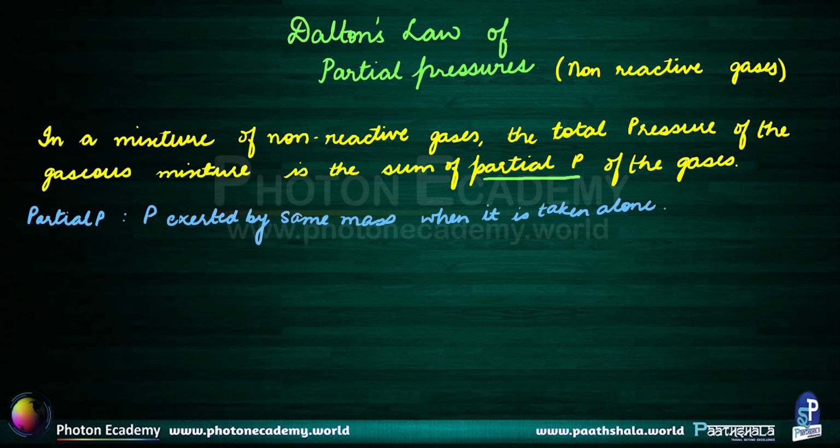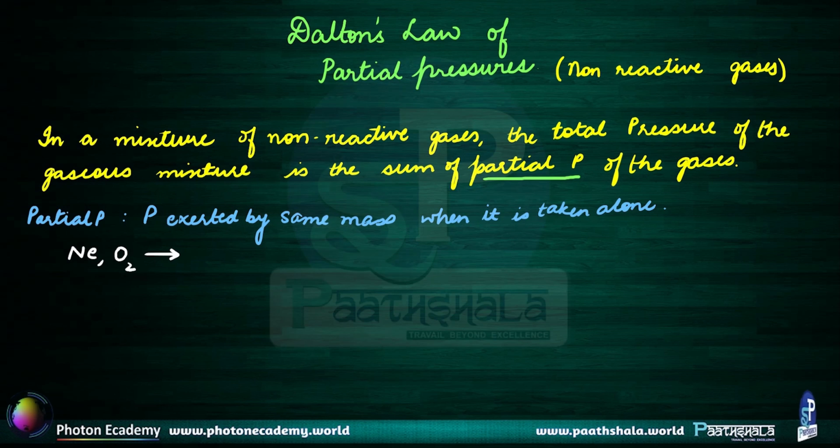Let's say that we have a mixture of neon and oxygen. We have to take care that these should not react with each other, and these do not because neon is a noble gas. Let's say the mass of neon is m1 and the mass of oxygen is m2.